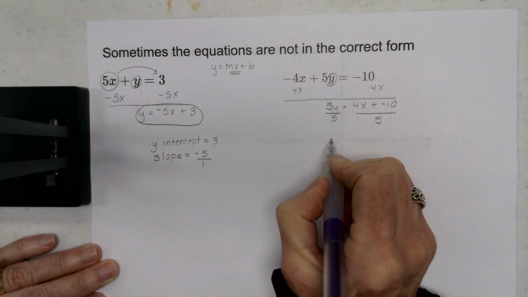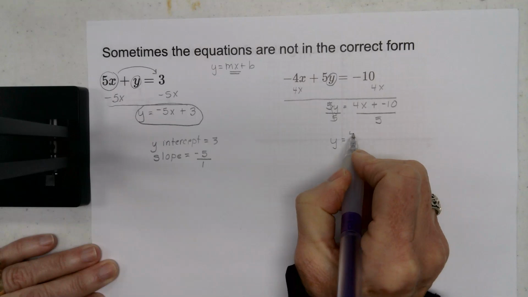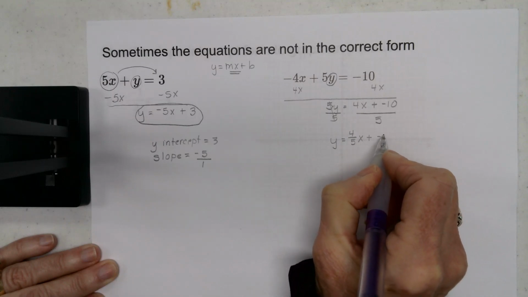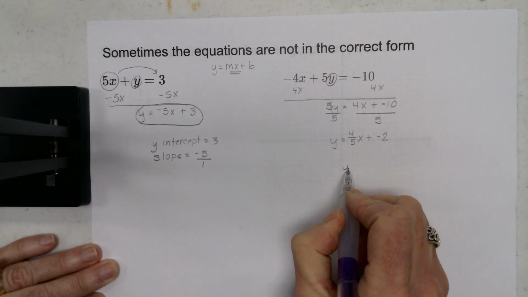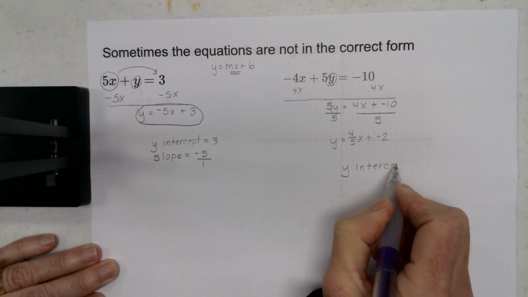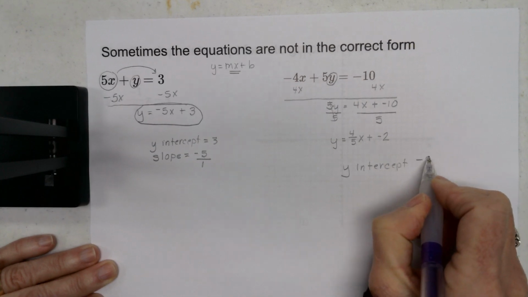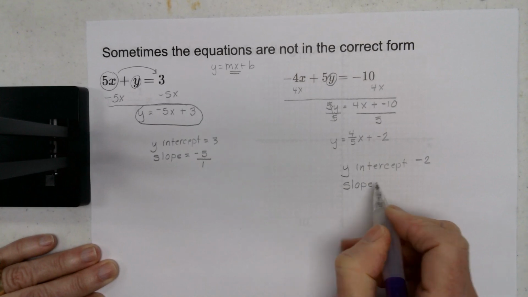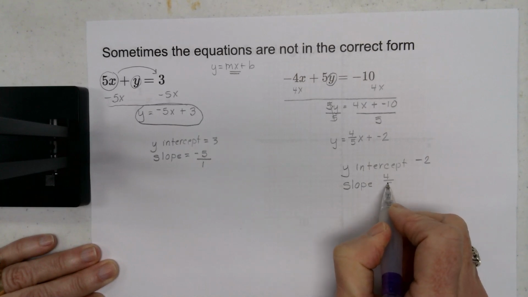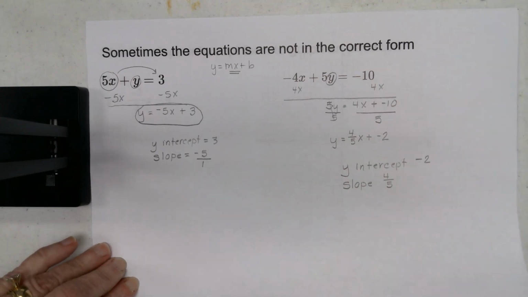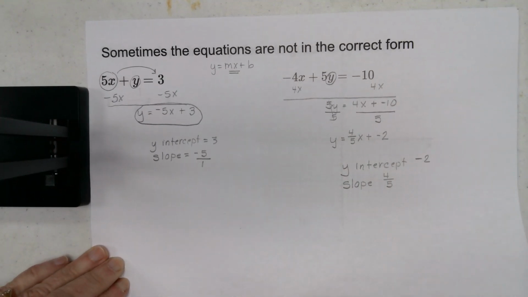And that's going to give me y equals 4/5 x plus -2. So the y-intercept is -2, and the slope is 4/5.